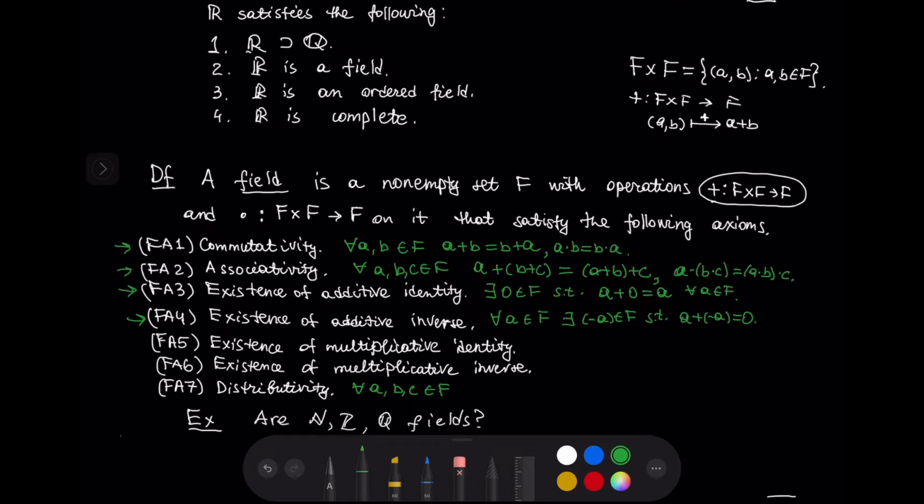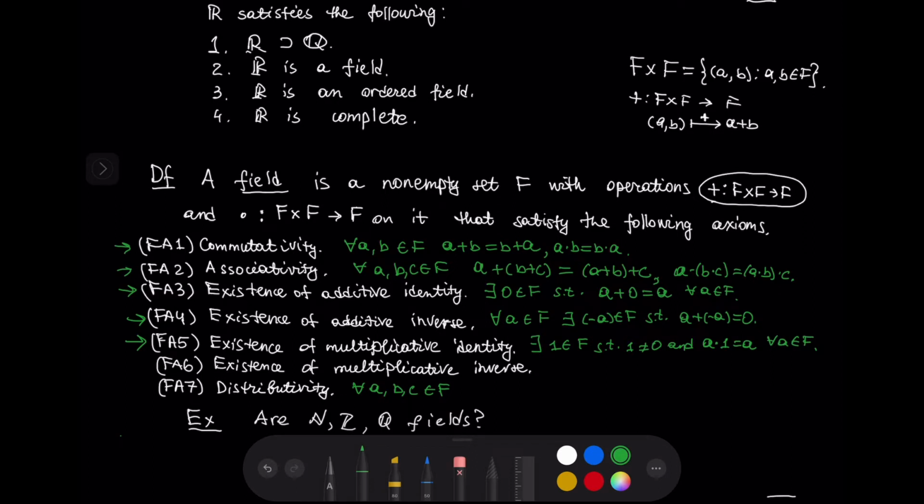The next axiom is the existence of multiplicative identity. There exists a 1 in F such that 1 is different from the additive identity, so 1 is not equal to 0, and when we multiply an element A of F by 1, nothing changes. We get A. So A times 1 is equal to A for every A in F.